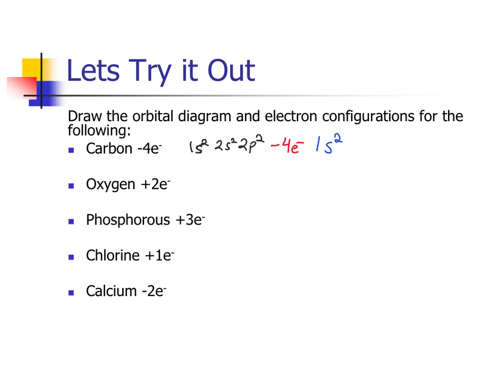For oxygen, we have an electron configuration like so. But this time, we're going to add 2 electrons.